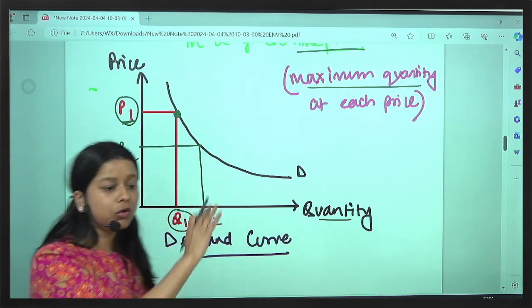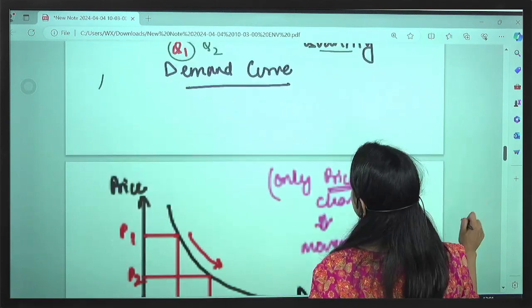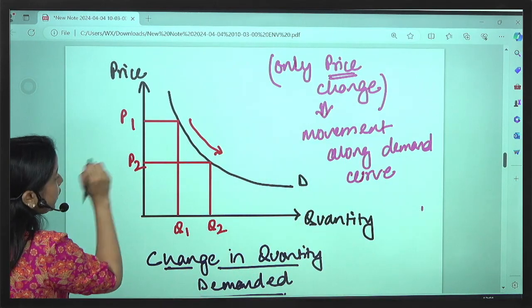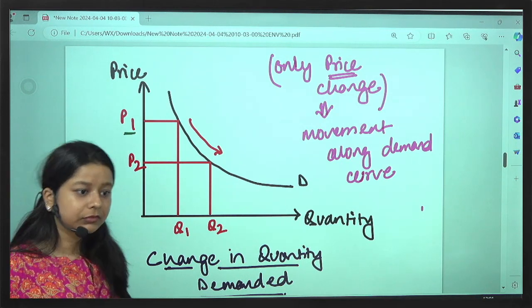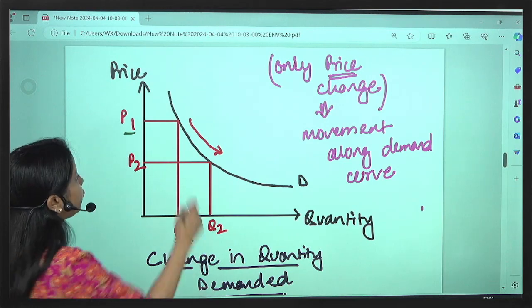This is how you represent a demand curve. Right? So here, the price is P1, and I'm willing to buy Q1 quantity of the good.